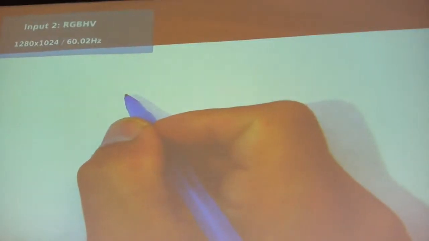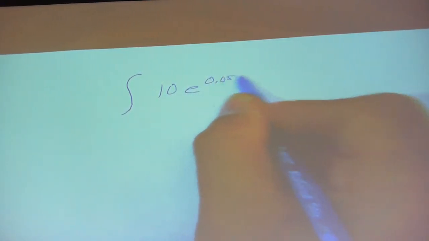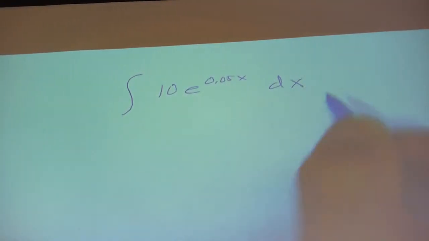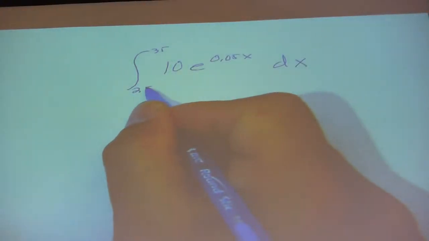I want to take the integral, to work backwards, of 10 e to the 0.05x dx, from 25 to 35.